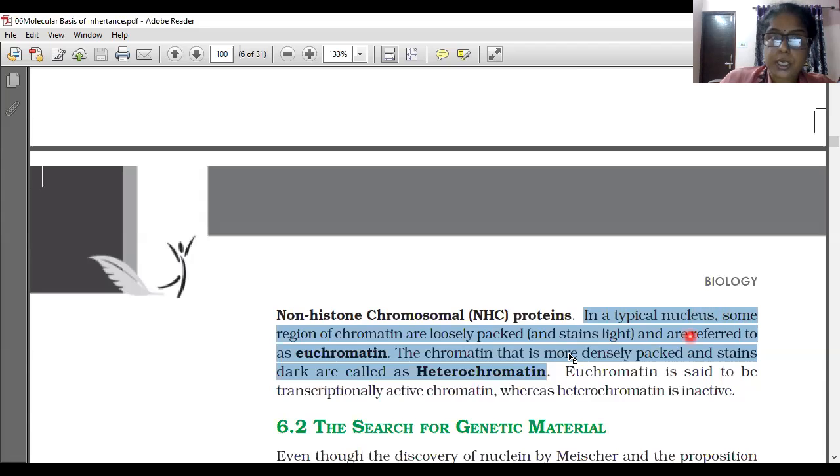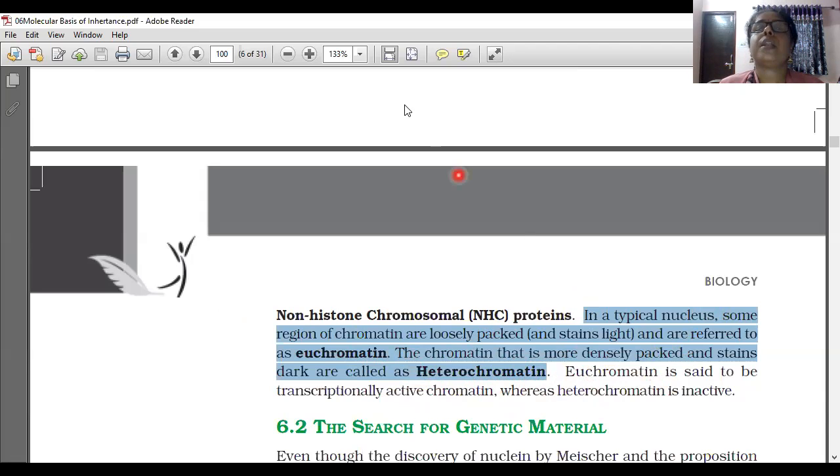Loosely packed chromatin is stained light only and is referred to as euchromatin, which is transcriptionally active. The chromatin that is more densely packed and stains dark is called heterochromatin, which is inactive.